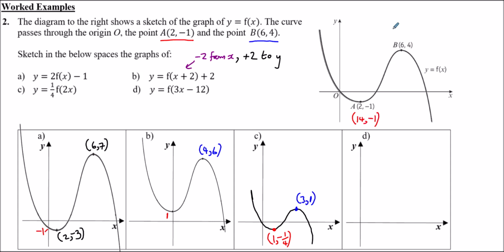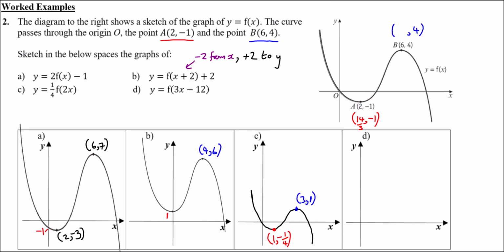That would take our B all the way up to 18 and 4. Then, because it's a 3, we need to remember to then divide the x values by 3. And so this one now, for A, becomes 14 over 3, and for B, that becomes 18 over 3, which of course is just exactly 6.